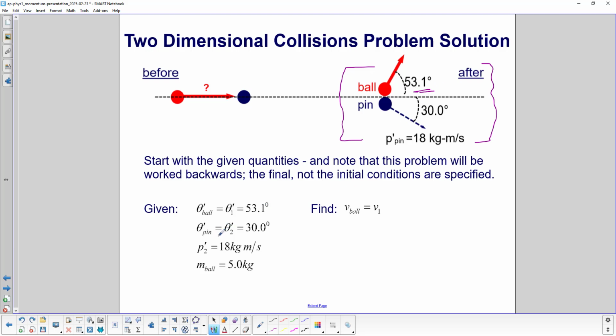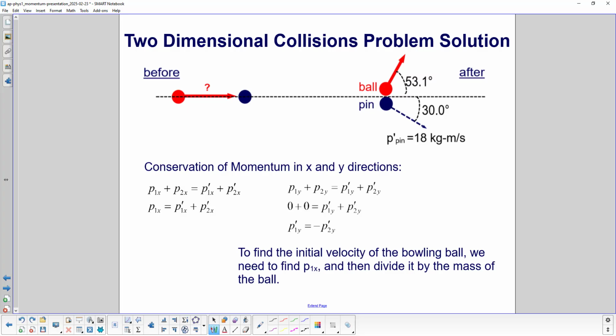Theta prime of the pin, or theta 2 prime, is 30 degrees. The momentum is 18 kilogram meters per second of the pin, and the mass of the ball is 5 kilograms. The task is to find the initial velocity of the ball, or v1. So we're looking over here.